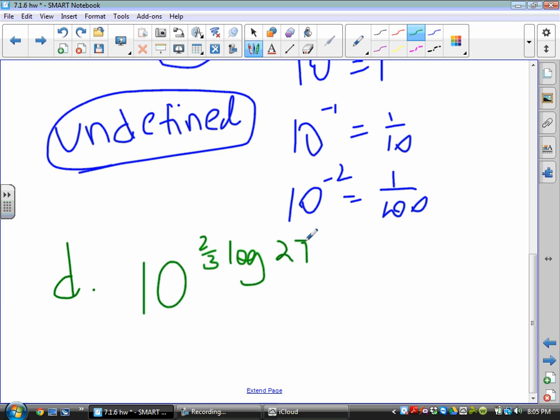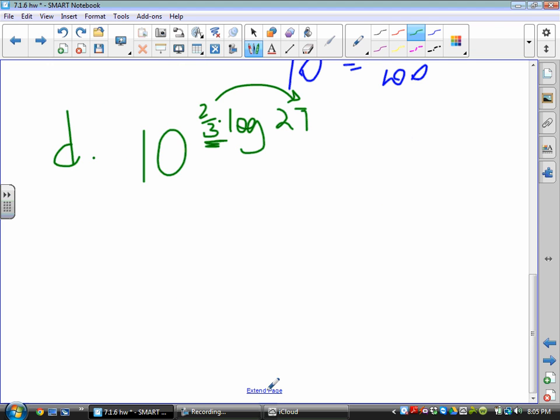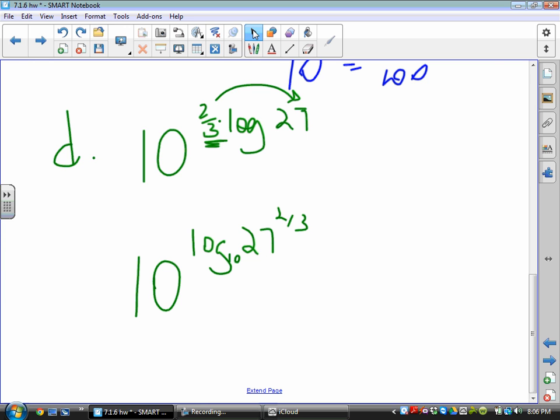Okay. So here's what we're going to do first. We know, based on the product property, this 2/3 can go back up on the top. So I'm going to rewrite this: 10 to the log of 27 raised to the 2/3 power. Now we have a 10 as our little base.